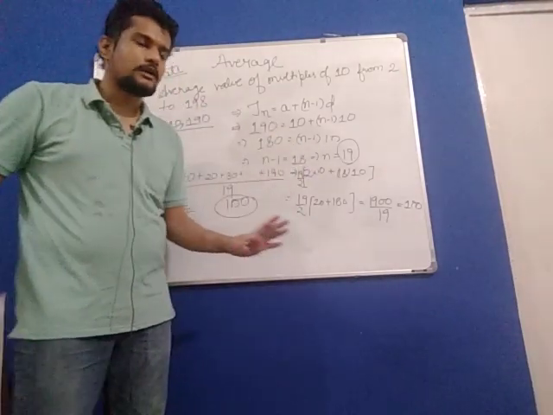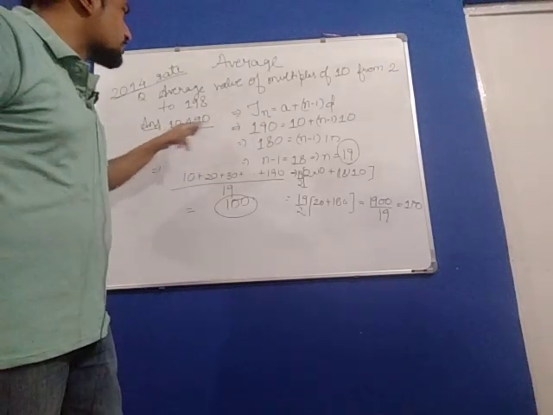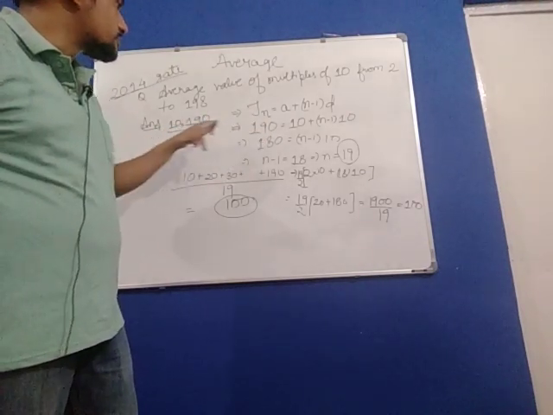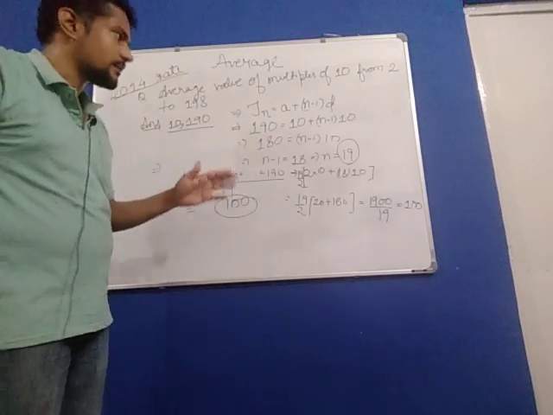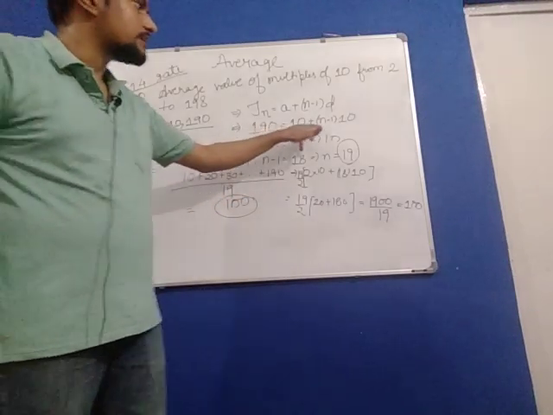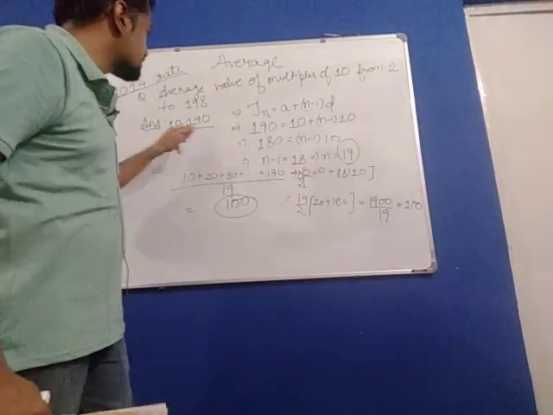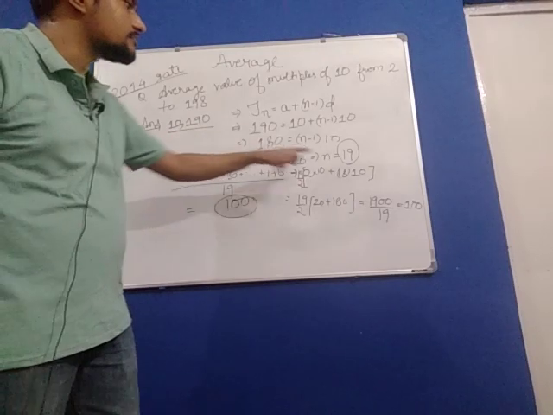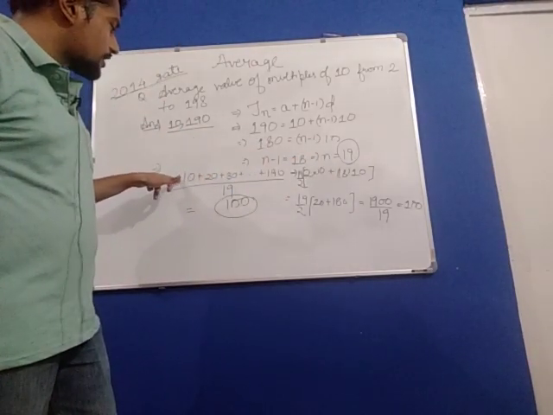So I hope this particular question is clear. The first thing that we did was that we found out which term of the series of multiples of 10 the number 190 is. So 190 is equal to 10 plus n minus 1 into 10. We calculated that the number of terms in the series 10, 20 up to 190 is 19. Then we had to calculate the average.